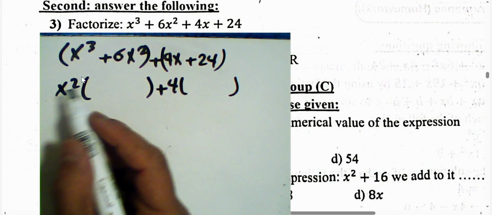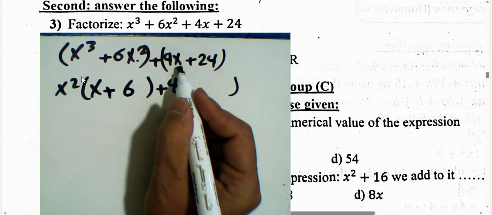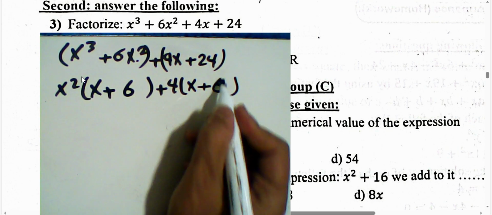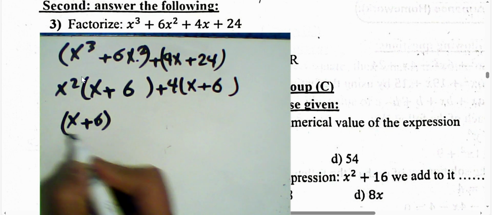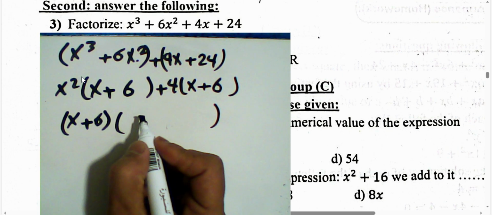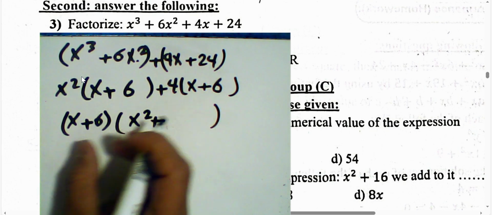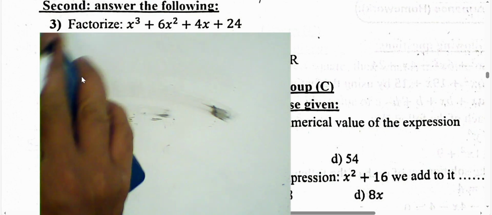X power 3 divided by x power 2 will be x, and 6x power 2 divided by x power 2 will be 6. 4x divided by 4 equals x. 24 divided by 4 equals 6. Then we have x plus 6. We can write x plus 6 as the highest common factor between 2 expressions. Dividing, we get x power 2 and 4. Then the factorization is the answer.